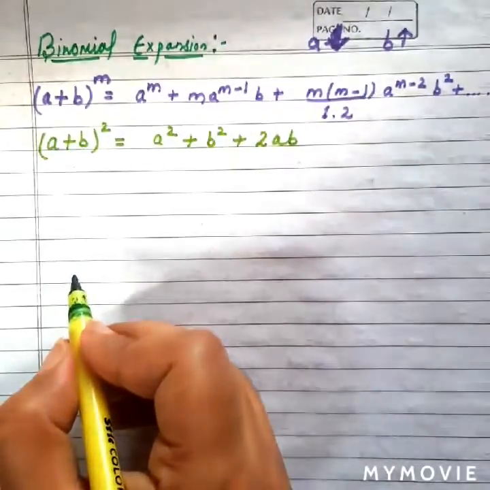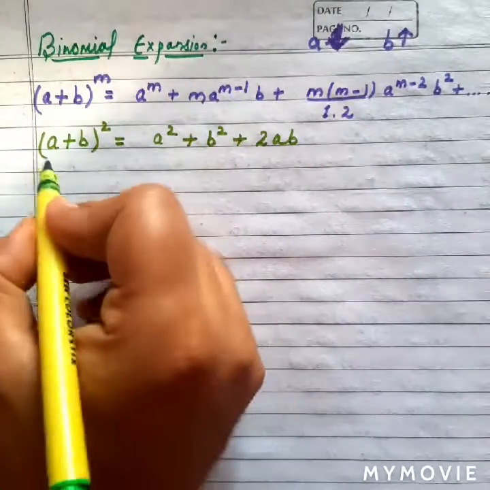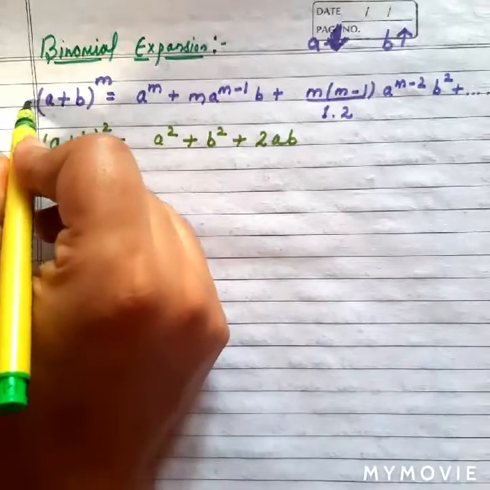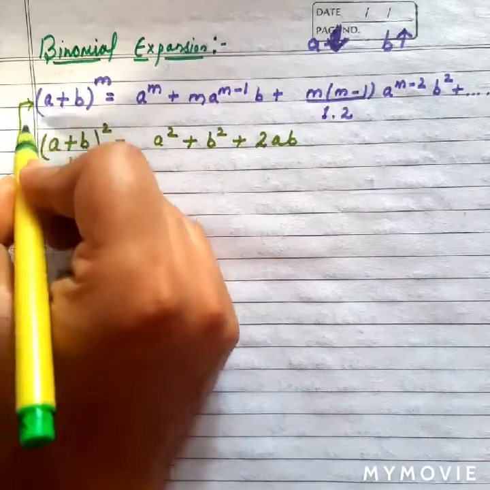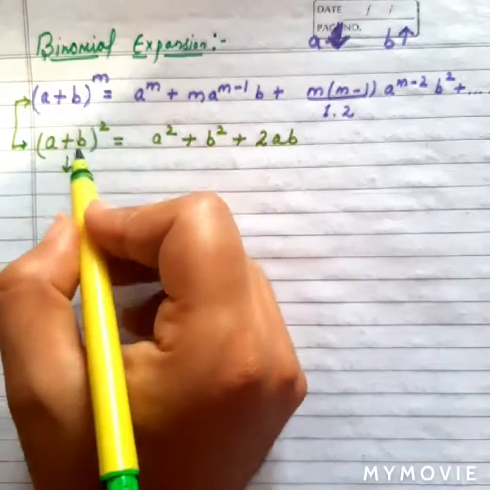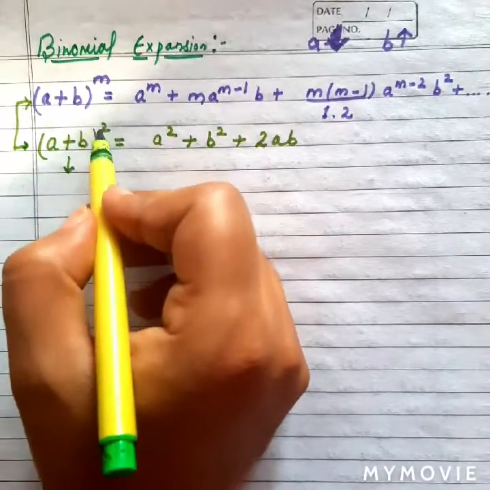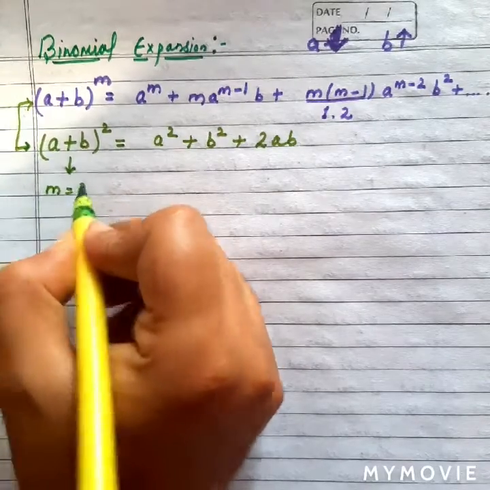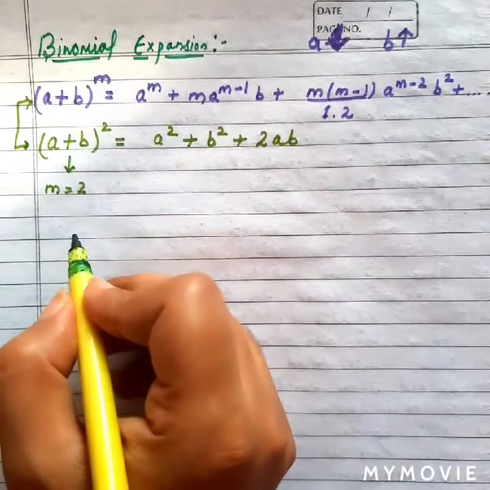How does this formula come? We will prove this with the help of binomial expansion. Here we will compare these two equations, and we will fill in the value of m, which is equal to 2.